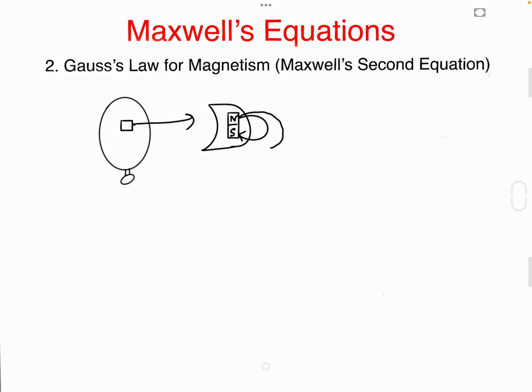We have one field, and then the second field will also go out and come back, and they cancel out. The number of fields coming out will come back in, and they both cancel out. I hope I was able to explain that. So basically there is no single magnetic monopole.